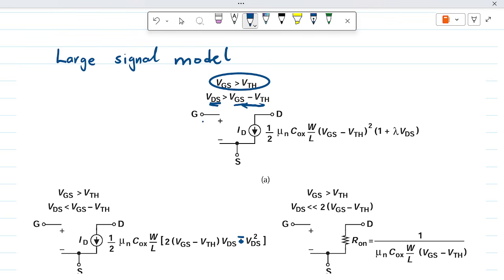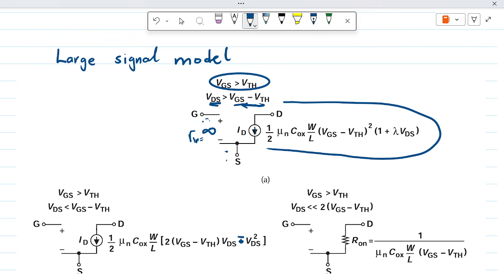You have the gate source voltage with an open circuit showing an input impedance of infinity here, and changing VGS affects this current source with this equation. This is a more precise equation taking channel length modulation into account. You see that this current source is not really ideal because it slightly depends on the value of VDS.